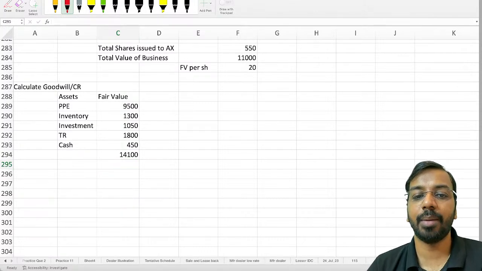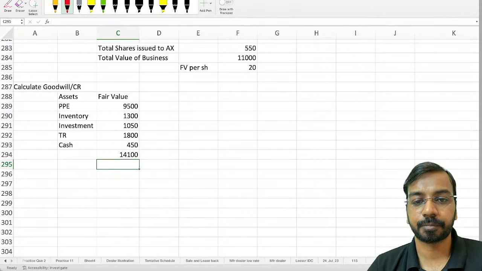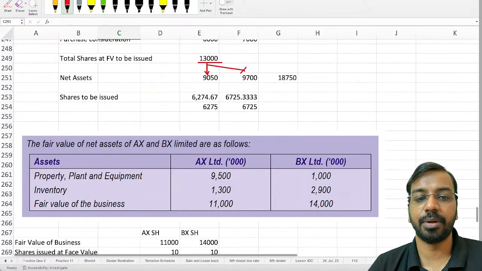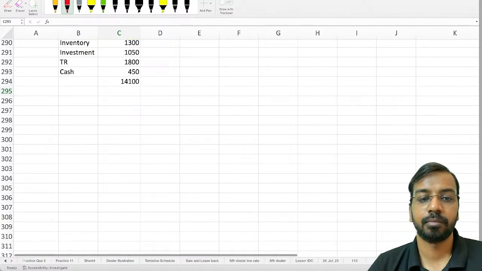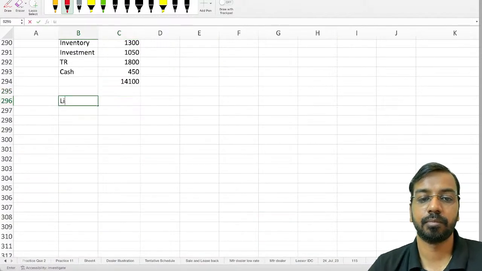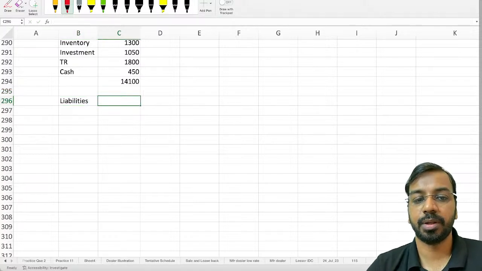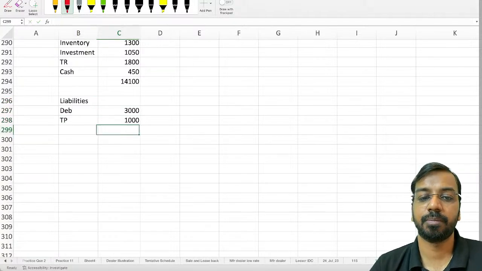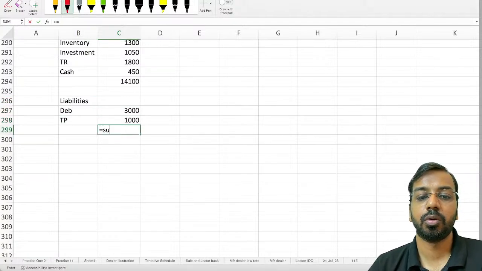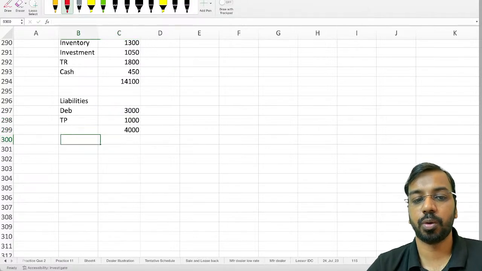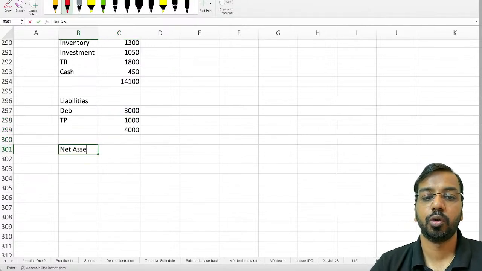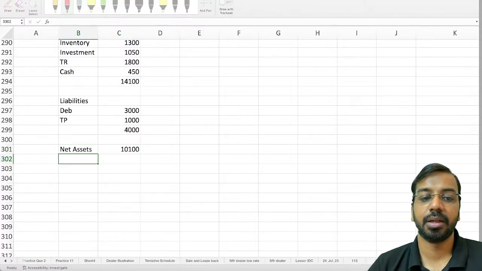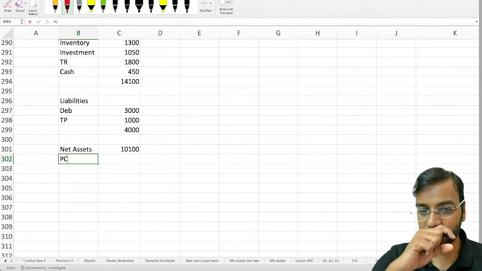The total is 14,100. Then liabilities: debentures 3,000 and trade payables 1,000, so total is 4,000. Net assets are 14,100 minus 4,000, which gives 10,100.